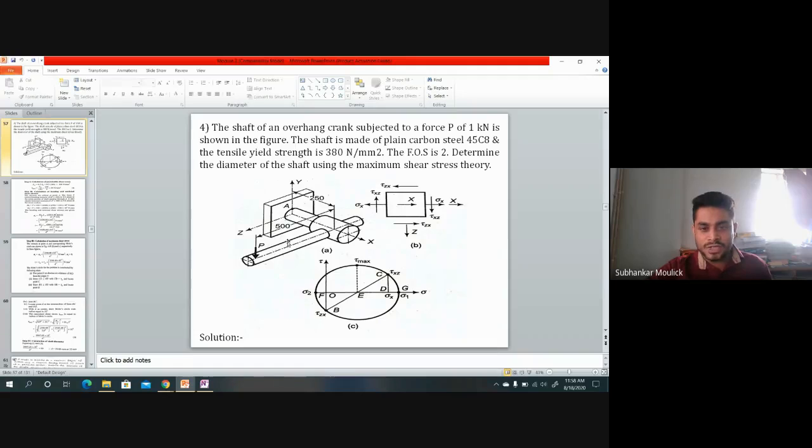What is the dia of the shaft? D by maximum shear stress theory of failure. तो इस क्वेश्चन को कैसे सॉल्व करेंगे? इस क्वेश्चन को सॉल्व करेंगे दो तरीके से। पहला तरीका, आपको ये पता होना चाहिए कि मैक्सिमम शियर स्ट्रेस थ्योरी क्या बोलता है और उसके हिसाब से विच फॉर्मूला आई हैव टू अप्लाई, एंड सेकेंडली by looking at the problem you have to identify or you have to understand that this particular load P is doing what in the problem.